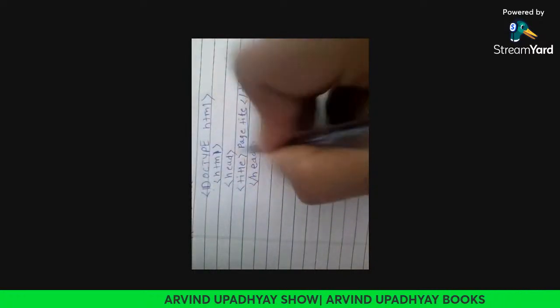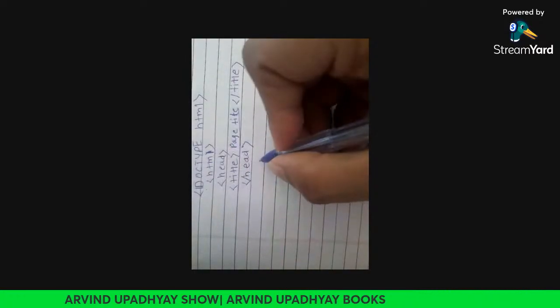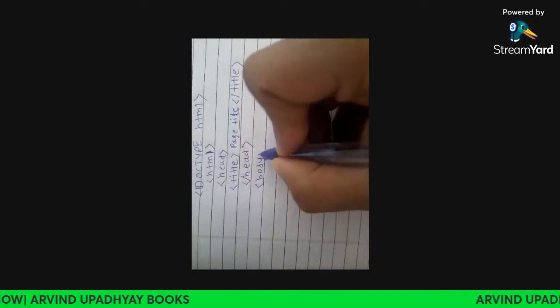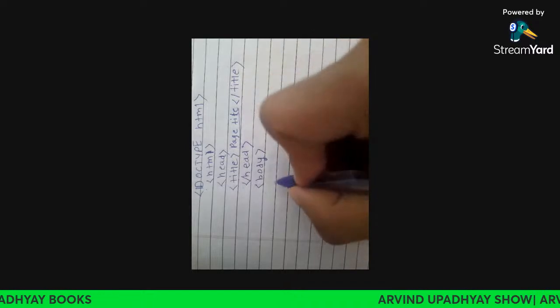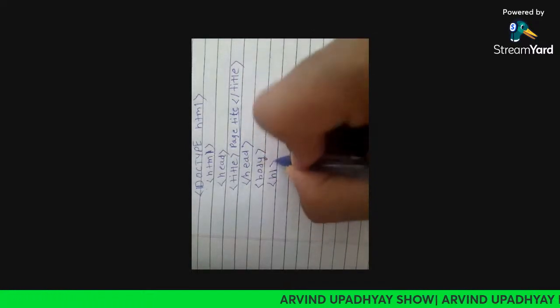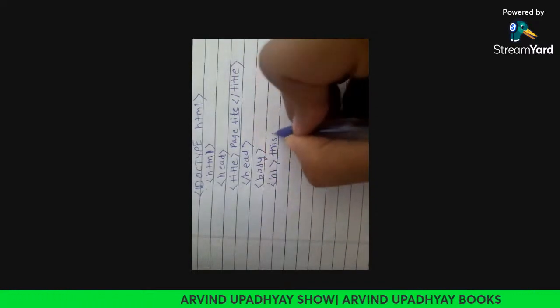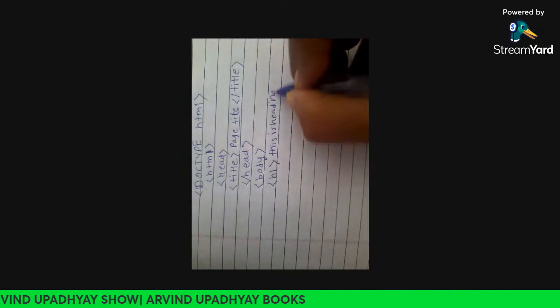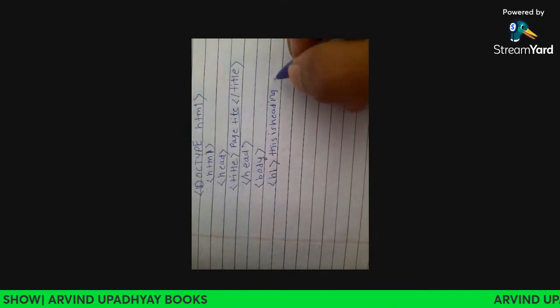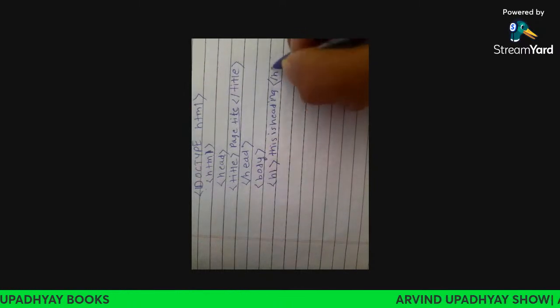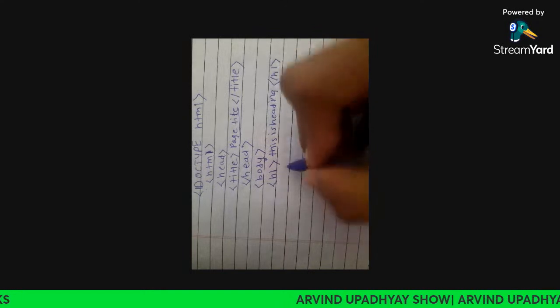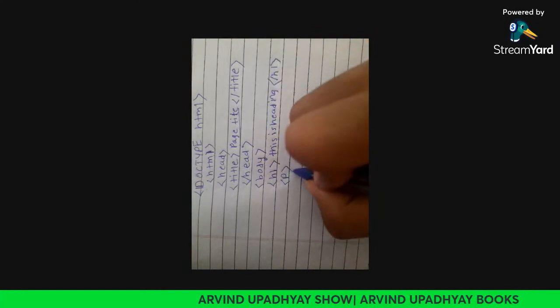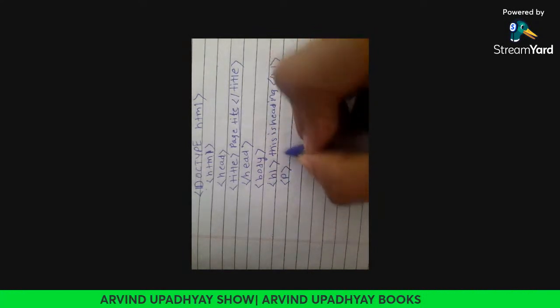So we have head here, and then body, then h1. This is the heading I am writing, and you can write any other thing if you want. This is heading, and in the paragraph you can write, this is paragraph.